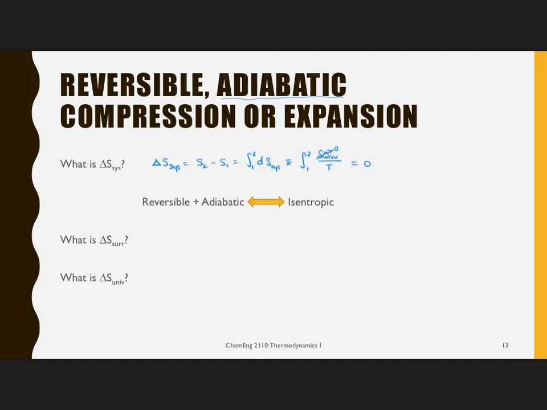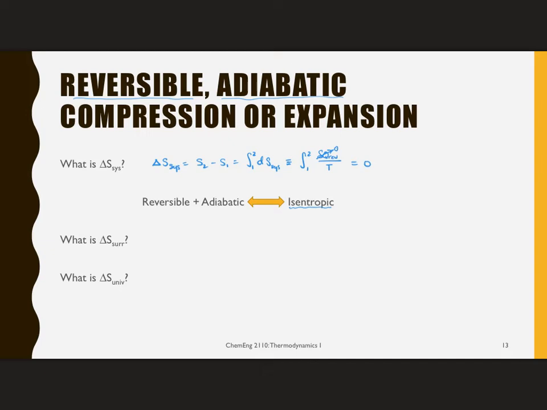Now, we are going to learn from this often. If you have this combination of reversible and adiabatic, whenever you see those, if you look at this definition here, it always means that it is isentropic. So delta S is equal to 0, or S1 equals S2.